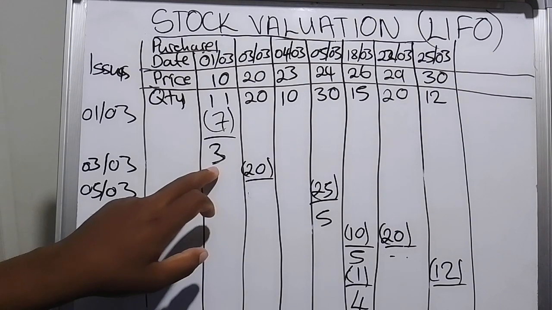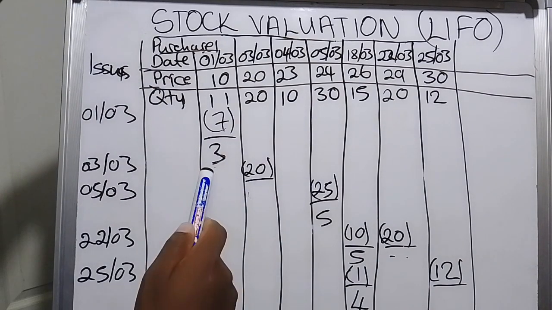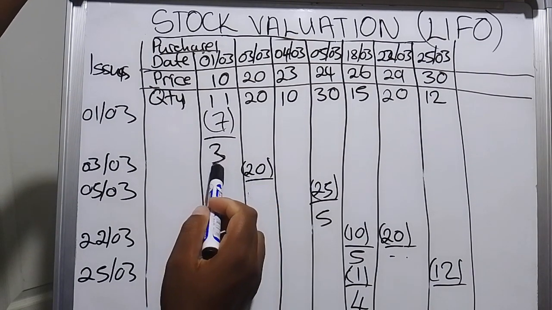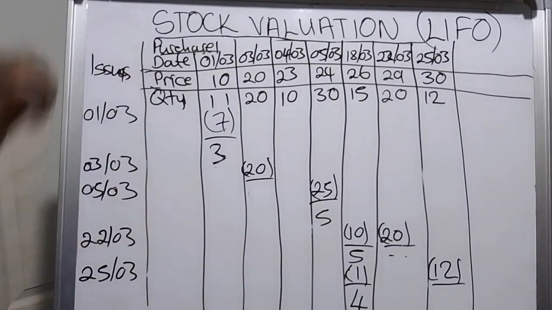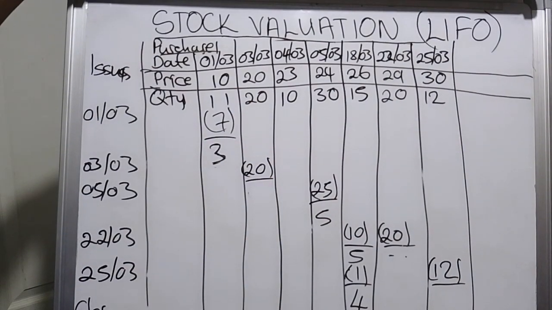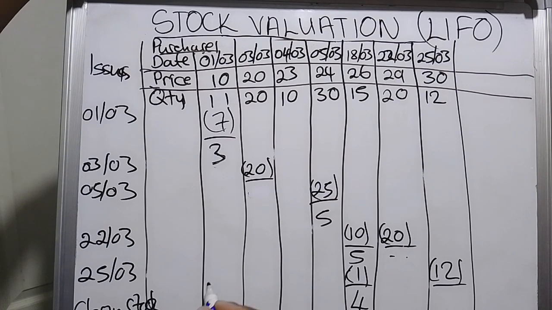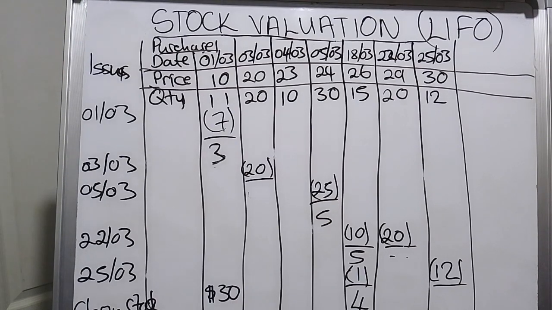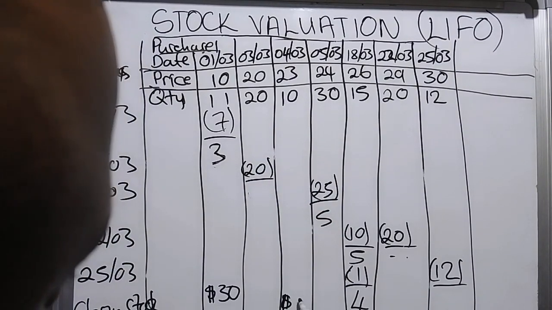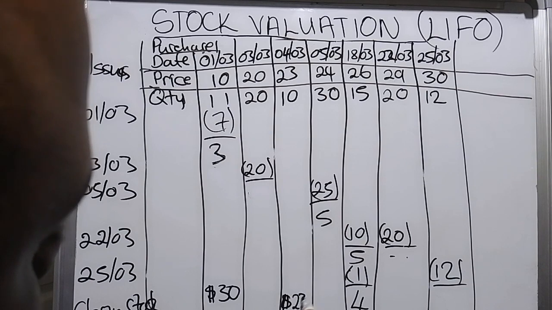The first stock that we have here is stock on the 1st, so we are going to say 3 times 10. Our closing stock, we have 3 times 10, which will give us 30. Then the second item, we have 10 times 23, which will give us 230.